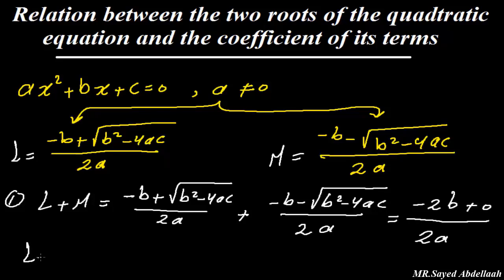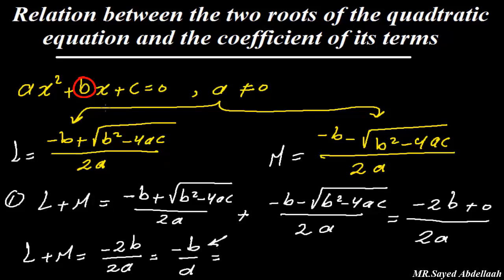Then the sum of two roots, L plus M, equals what? Equal negative 2b divided by 2a. Dividing by 2 for numerator and denominator, the result equals negative b divided by a. Okay, b is the coefficient of x and a is the coefficient of x².